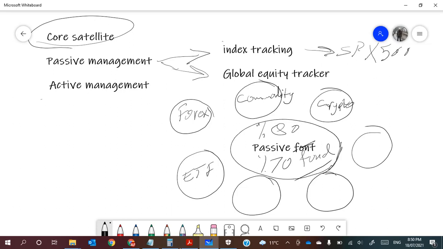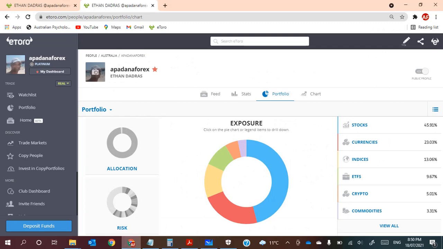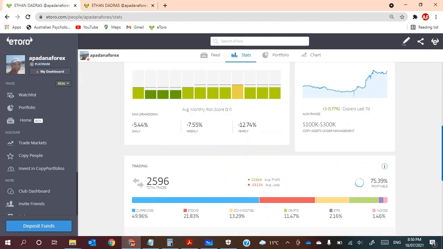So you can go to forex, and then you see economy recovery, then you think you should invest more in commodities. And it was a year ago that crypto was very good to invest, so I had more crypto in my portfolio. At the moment, you can see that crypto is just 5%, but last year I closed more than 11% in crypto.